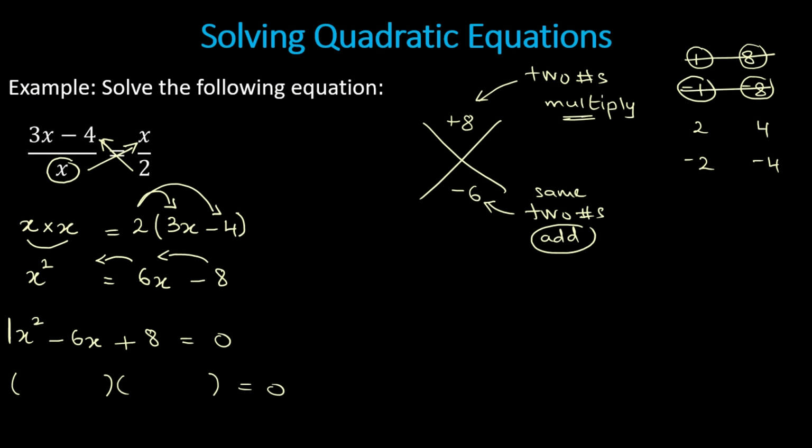The third one, 2 when you add with 4, gives positive 6. But here we want negative 6. No. What about the last one? Negative 2 when you add with negative 4 gives negative 6, of course. So this is our combination, negative 2 and negative 4.